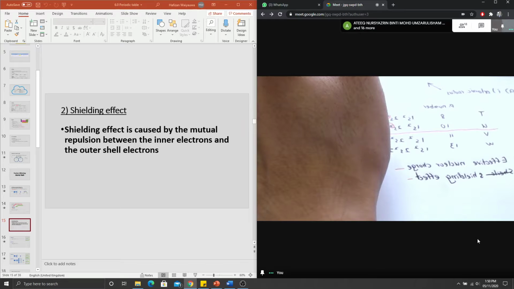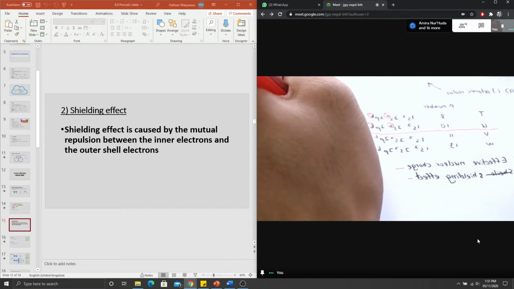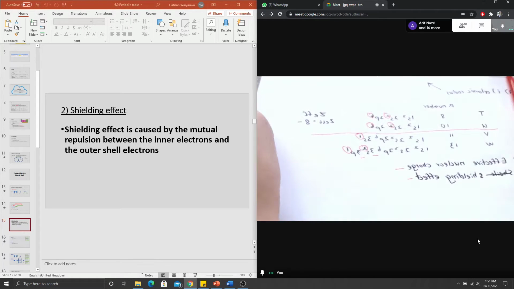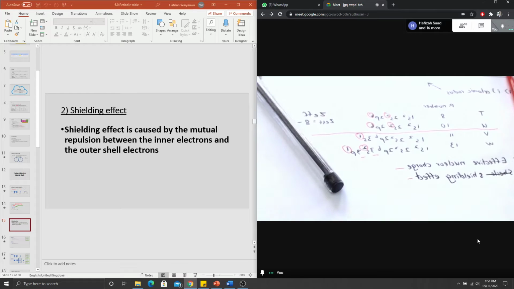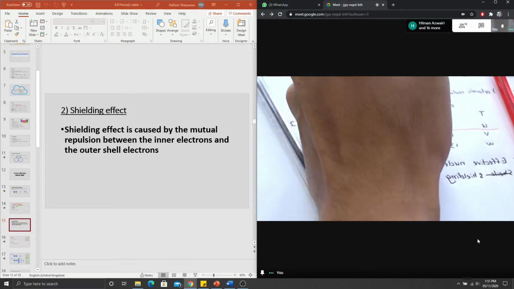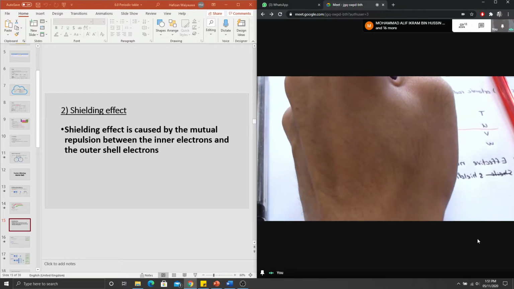So I circle the valence electrons. Why do I only circle 3s1 here? Because there are no more shells with 3. So this is the only valence electron. For the first one, Z effective is 8 minus the inner electrons. I draw a box for the inner electrons.